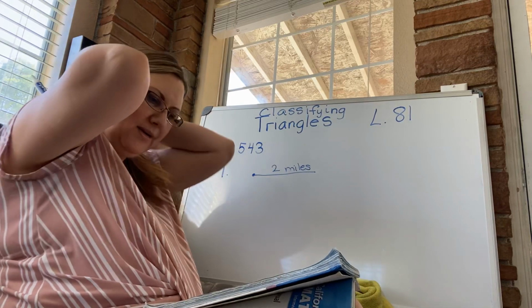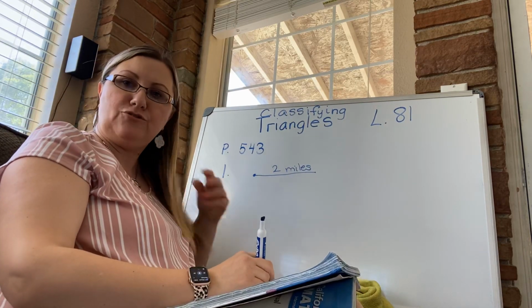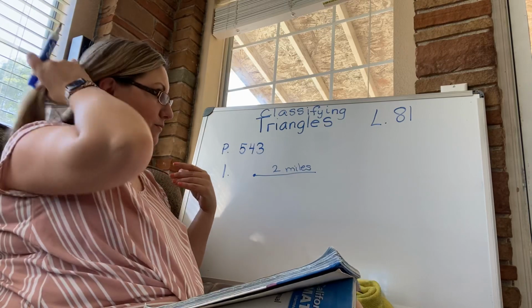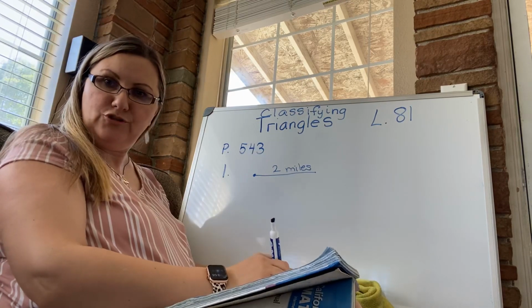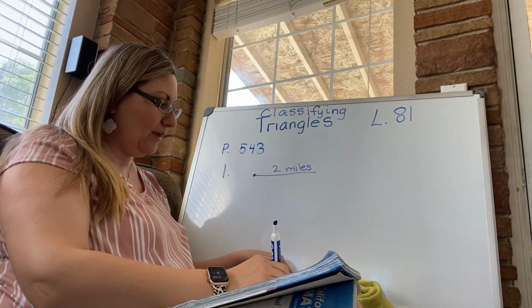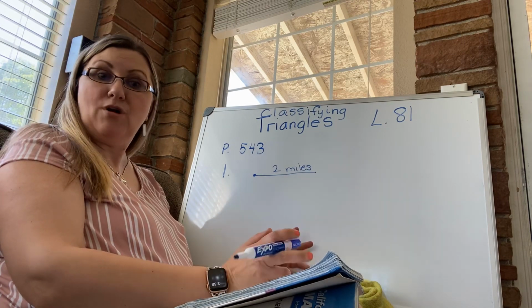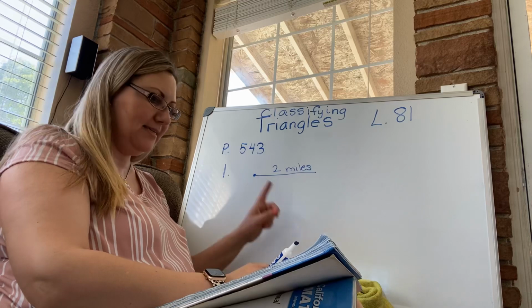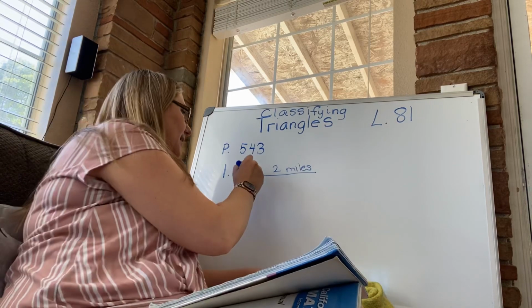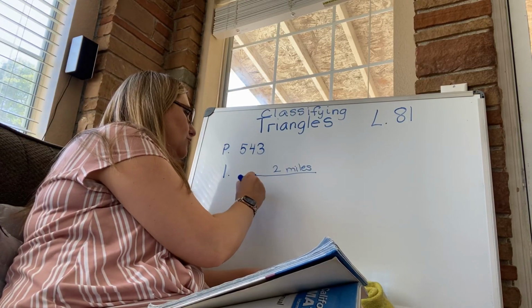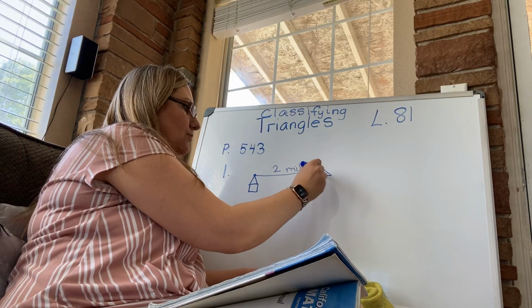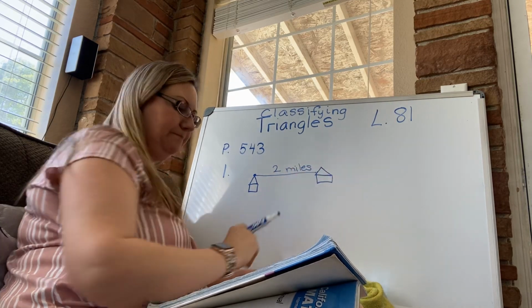Okay, this is where a strategy comes in handy, and we know a bunch of different strategies that we have learned this year, and one of those is to draw a picture. So let's say he starts at his house and he goes 2 miles to his friend's house, let's say.